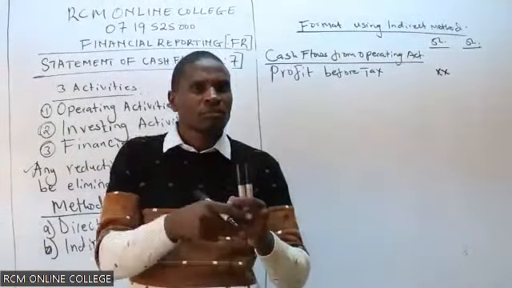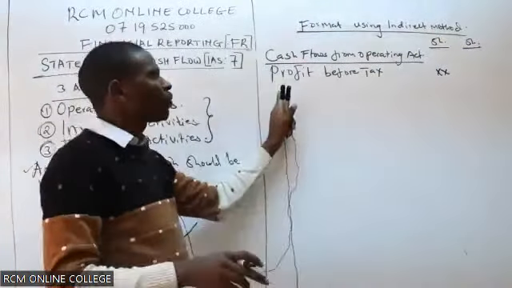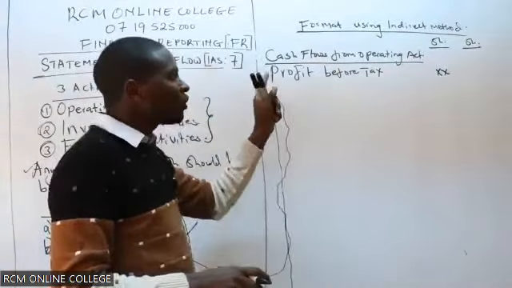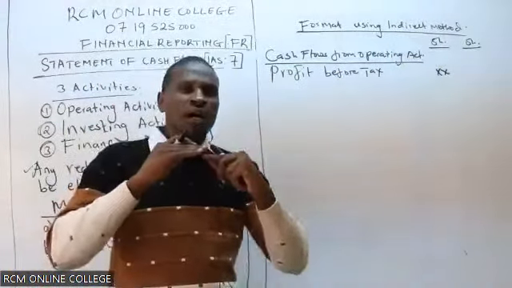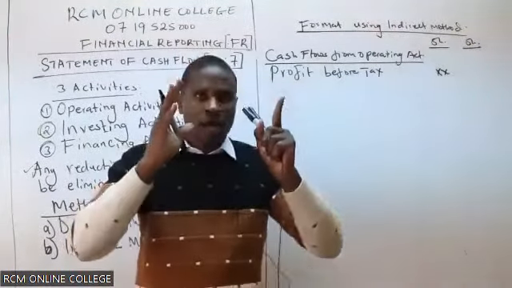I don't want us to look at that right now. I want us to first look at when we are given profit before tax. In that case, where we have the profit before tax in the income statement, you look upward.